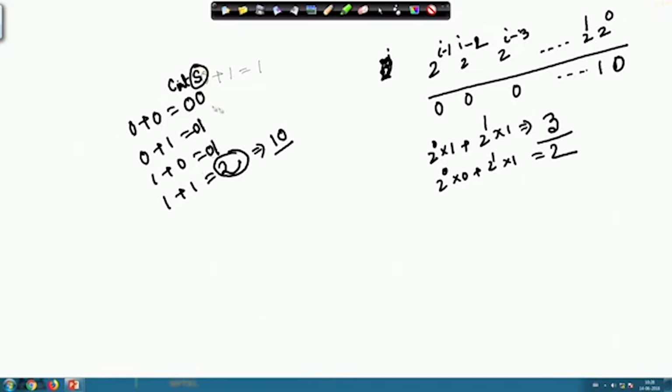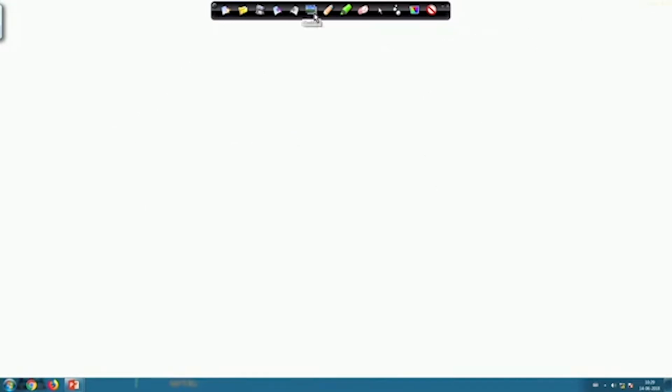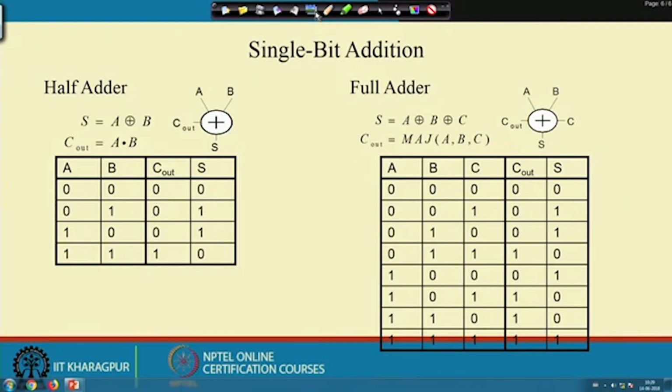Whenever I am adding 1 plus 1, the sum is 0 and there is an overflow bit, which is nothing but the carry bit. So, this is the single bit addition operation, the half adder operation.